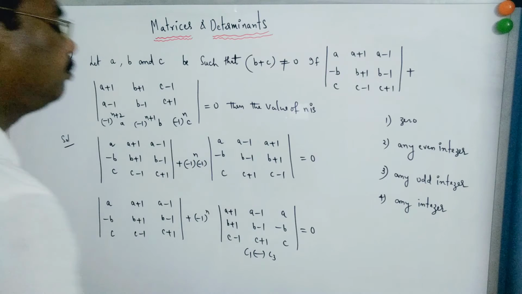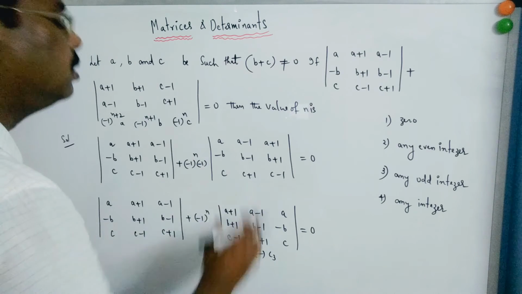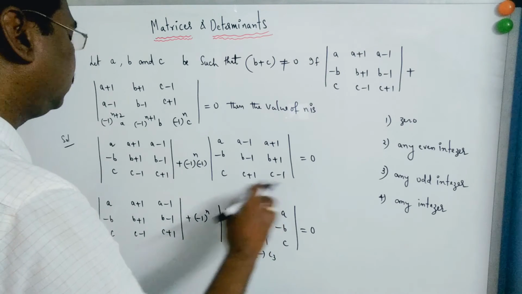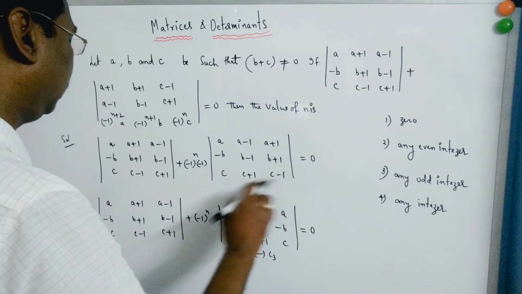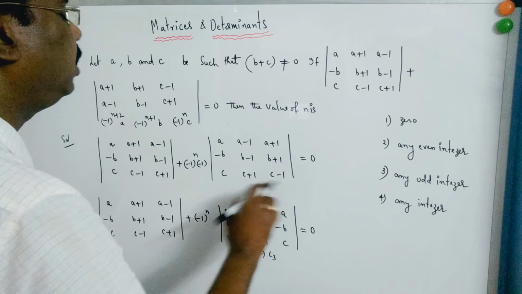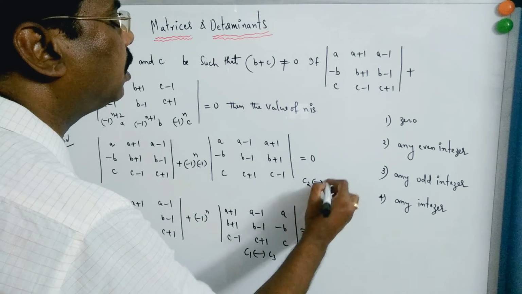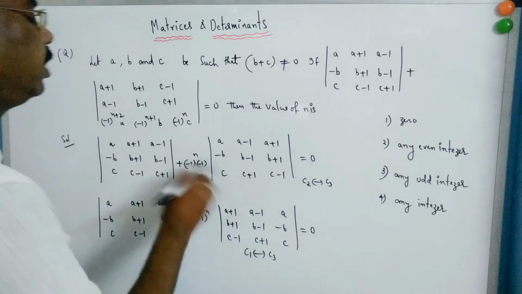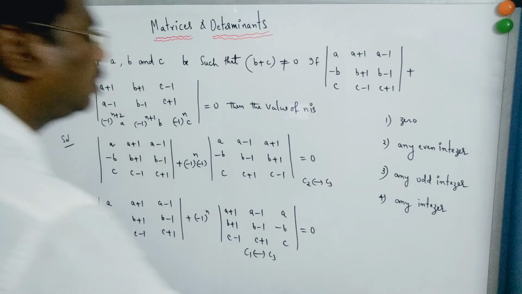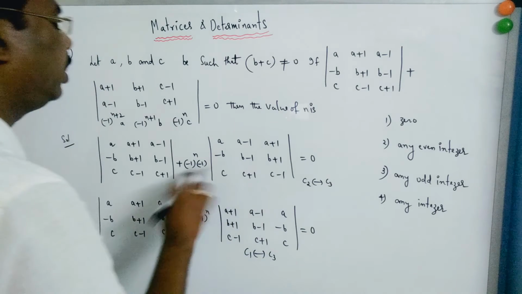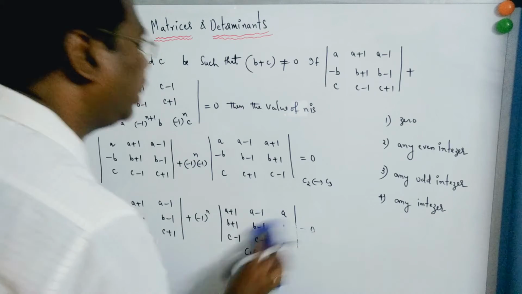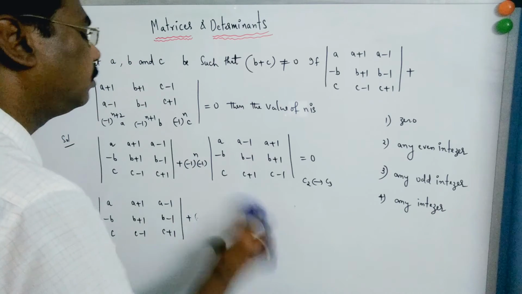Okay, now again C2 and C3 interchange. Now again minus is there. Now minus 1 into minus 1, minus 1 whole square.